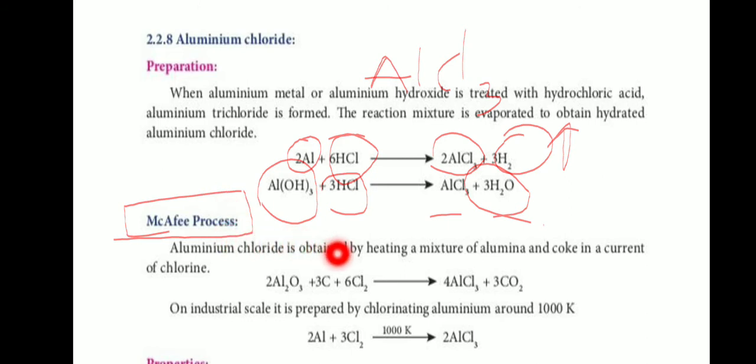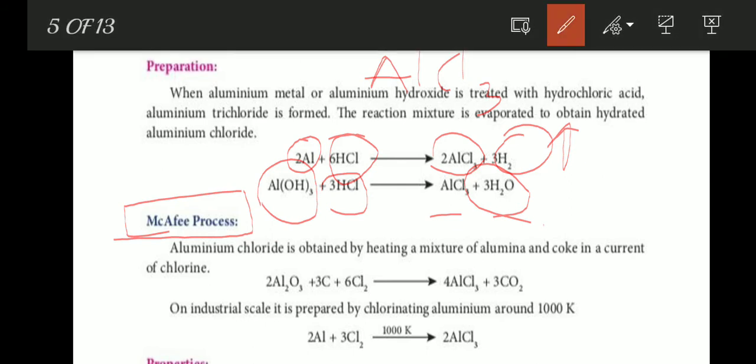Aluminum chloride is obtained by heating a mixture of alumina and coke in a current of chlorine. Al2O3 is called alumina, carbon is coke, and with chlorine molecules it forms aluminum chloride and carbon monoxide gas.